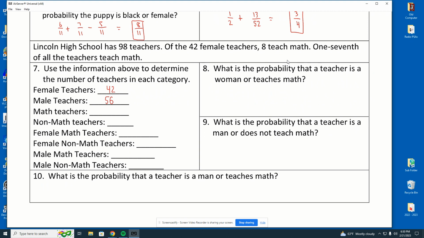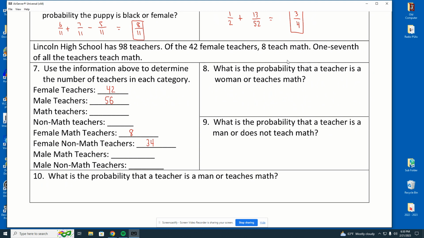So there are 8 female math teachers. Now, if 8 of the 42 female are math teachers, how many teach something other than math? What we would call non-math teachers. Well, 42 minus 8 is going to give me that number, and that's 34.